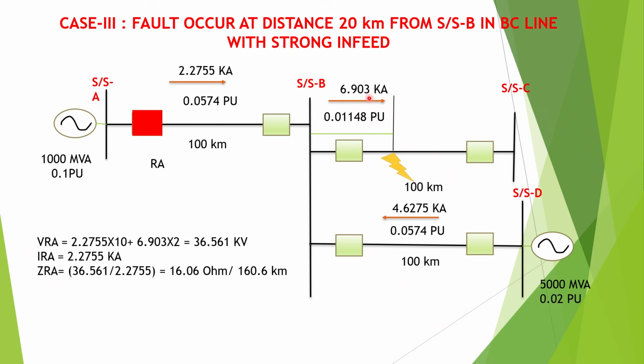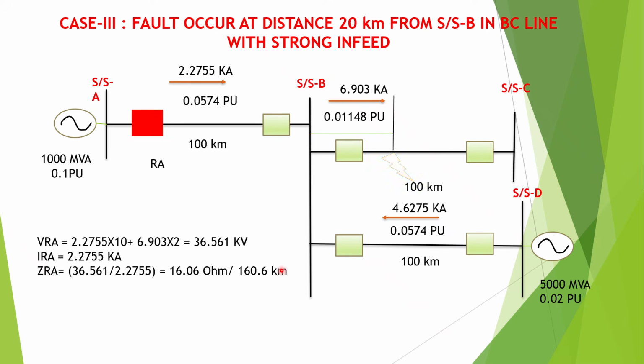The actual fault current up to the fault point is 6.903 kiloampere. So the impedance sensed by the relay, ZRA, will be voltage divided by current, which is equal to 36.561 divided by 2.2755, which comes as 16.06 ohm in terms of impedance value, or in terms of kilometer it will be 160.6 kilometer.